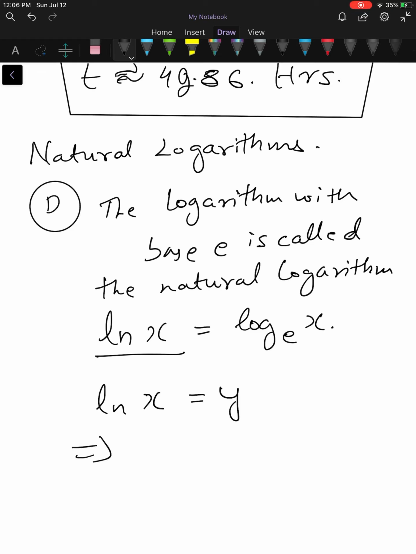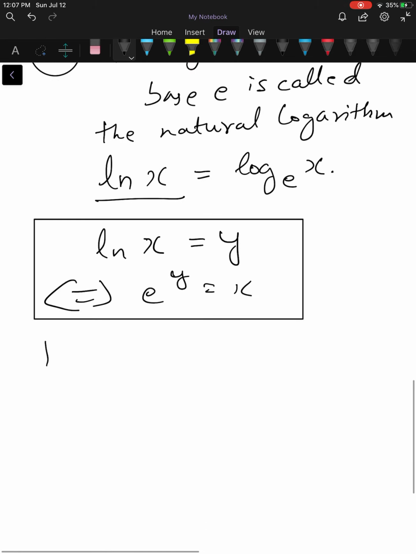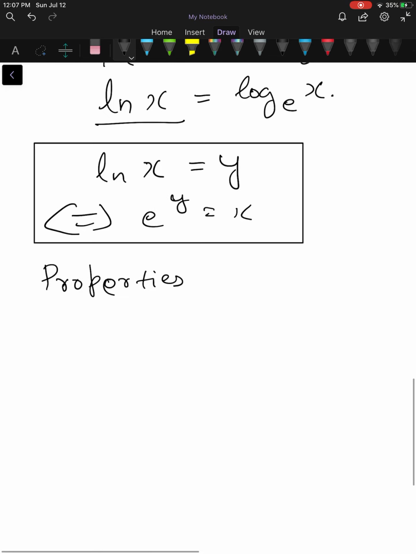Because ln of x, if it is defined to be y, that is if and only if e to the power y is equal to x. So based on the definition of the logarithmic function, all the properties do apply for natural logarithmic functions.